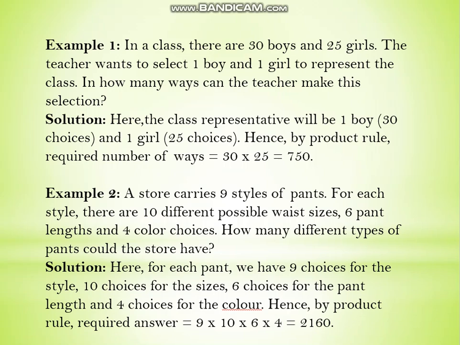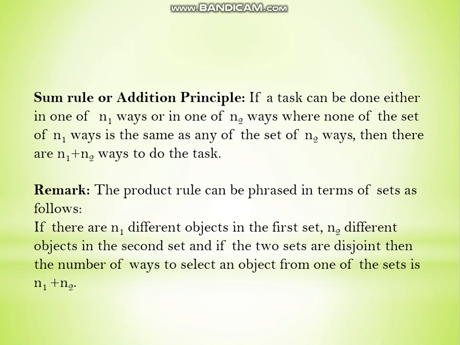Now let us go to the next principle, which is the sum rule or addition principle, and we should be able to tell whether an example is about the sum rule or the product rule. If a task can be done either in one of the n1 ways or in one of the n2 ways, this means we are not considering both cases at a time.